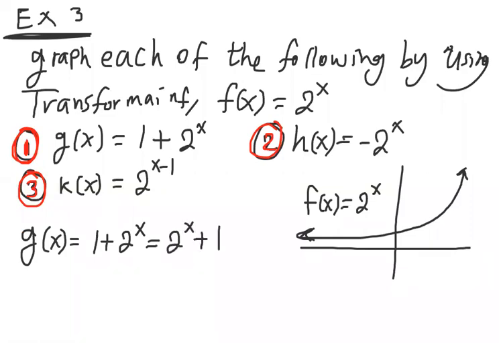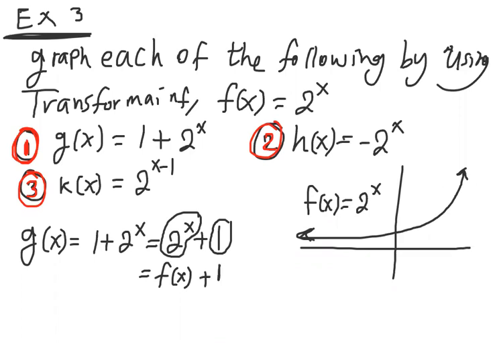So we graph the function 2 to the x, then we shift it up 1 unit. Is it clear? This is equal to f of x plus 1, because f of x is equal to 2 to the x.